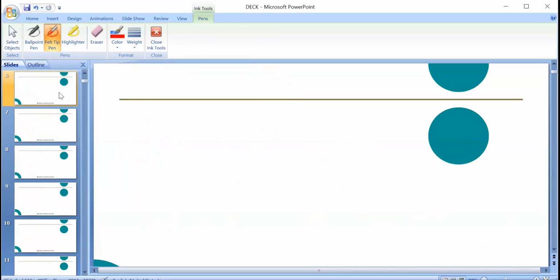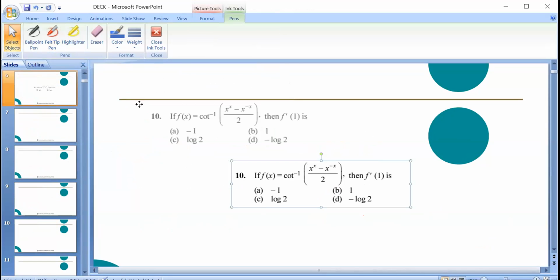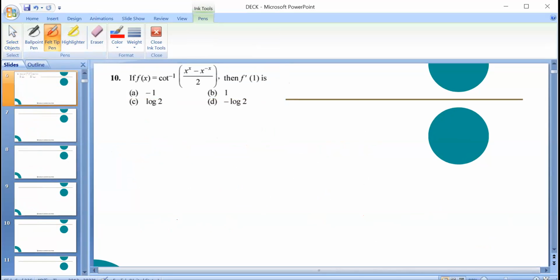Next question, question number 10. f of x is cot inverse of (x power x minus x power minus x) by 2. Then f dash of 1 is. We can make some changes here in the function.